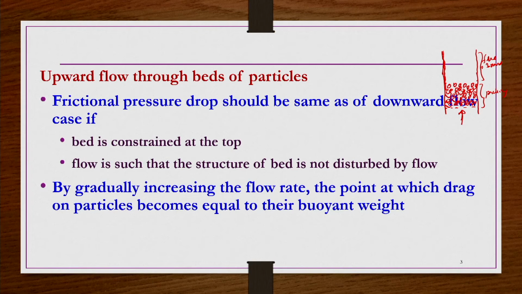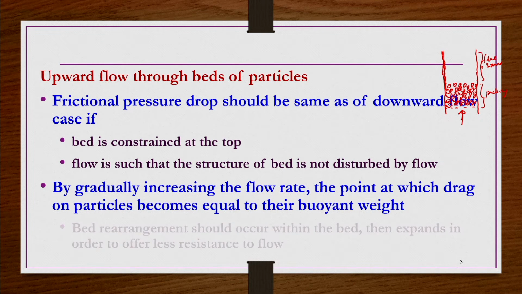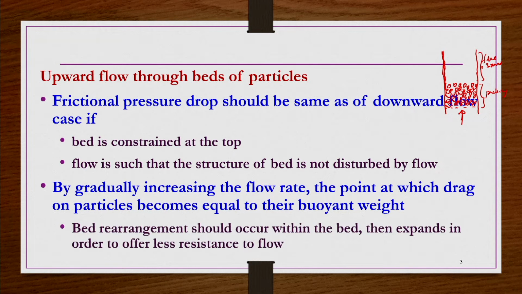However, on gradually increasing the flow rate, at the point at which the drag on particles becomes equal to their buoyant weight, bed rearrangement should occur within the bed, and then the bed expands in order to offer less resistance to flow.